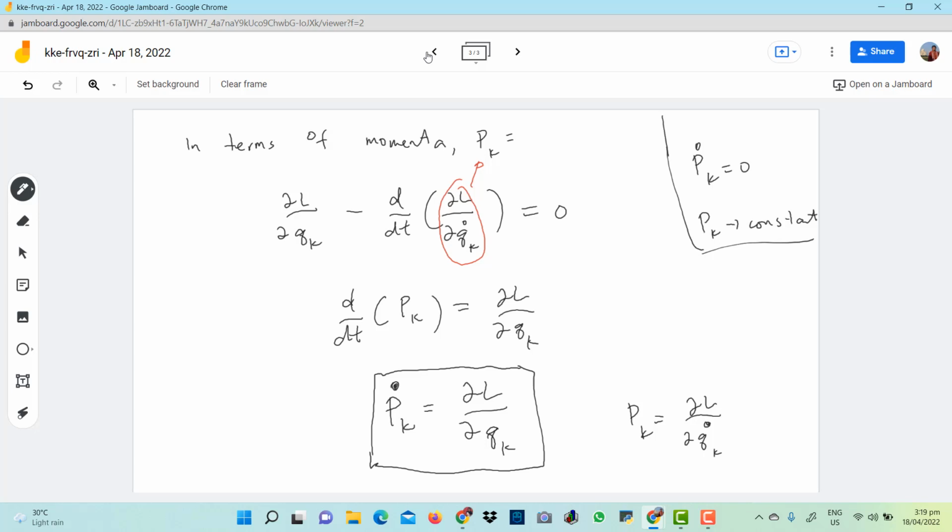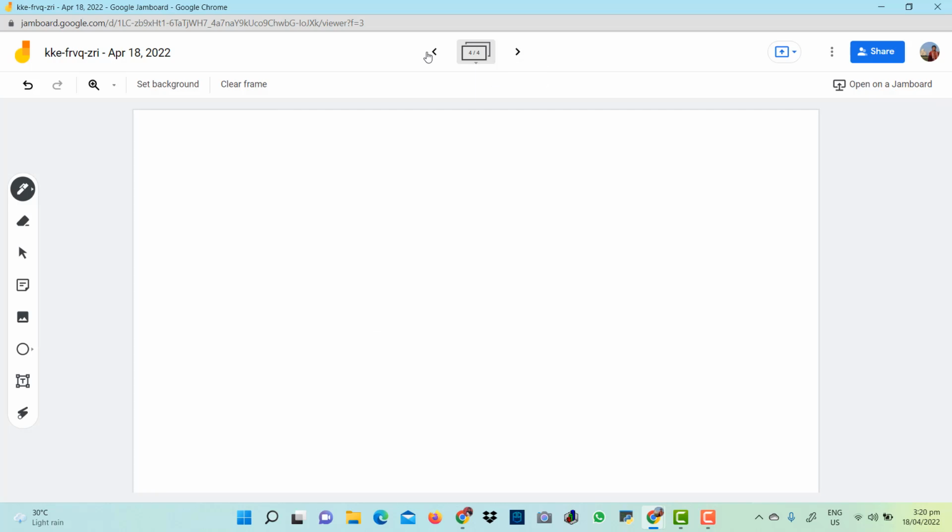So if your L is not dependent on your q, then it means that the momentum is constant in your system. Say, for free fall, the Lagrangian is equal to 1/2 m x dot squared minus mgx, right?